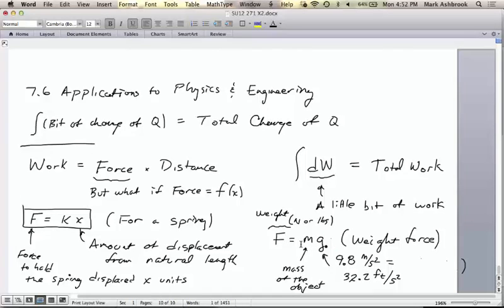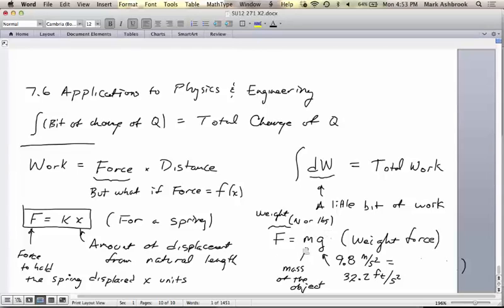So the thing with metric versus English with this weight stuff. With English units, we don't really use this because we go right to pounds. We know how much something weighs, then that's the weight force in pounds.